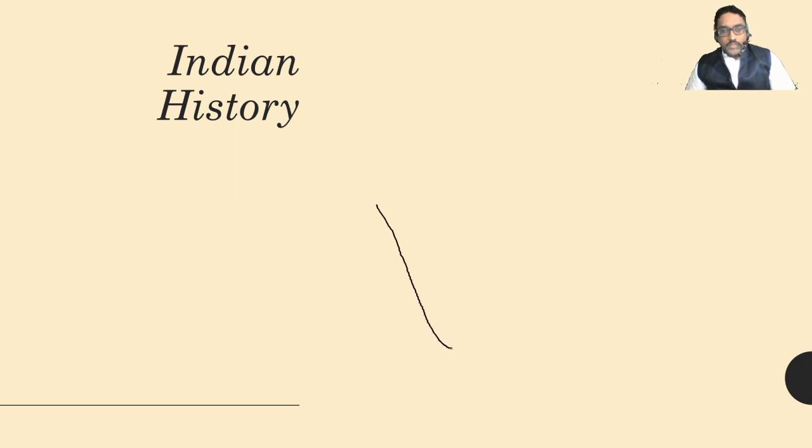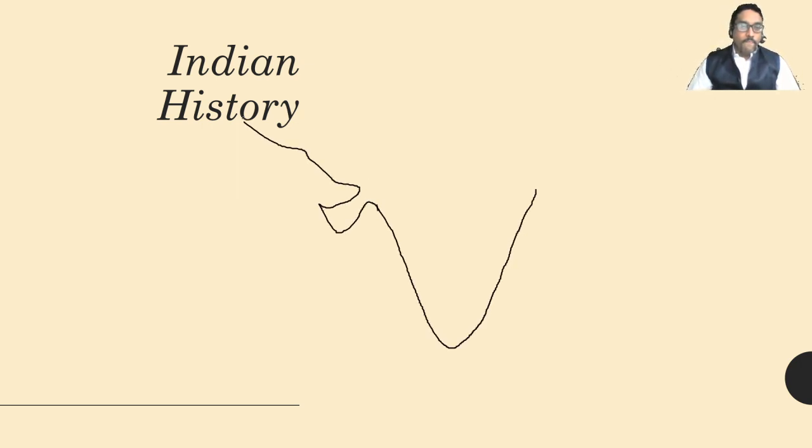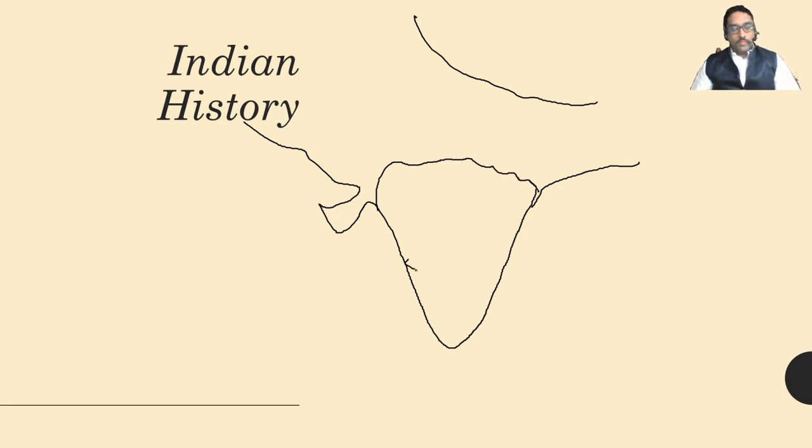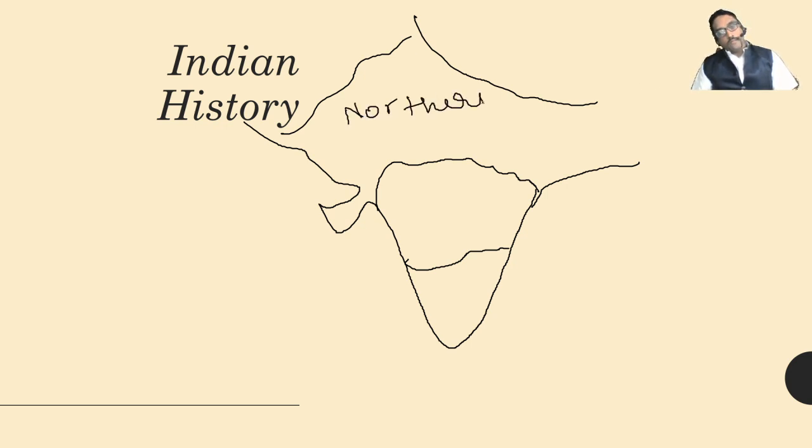Suppose this is India, this will be the northern plains, this will be the Deccan, and this part will mostly be the southern part.